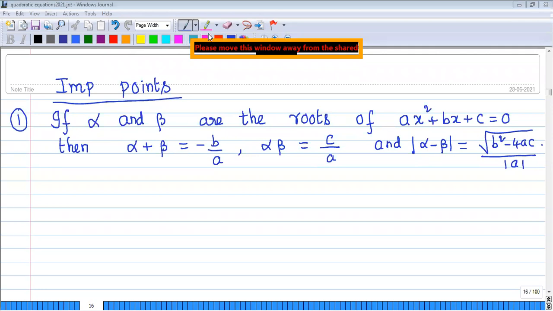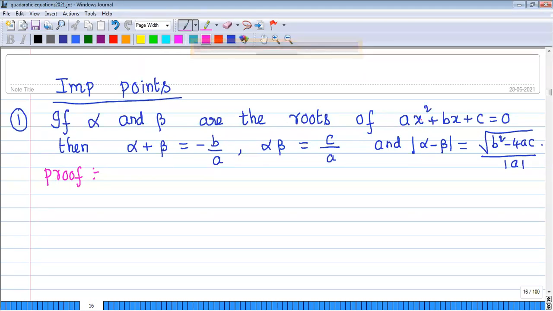Now let us prove all these things. Proof. We know the roots of the quadratic equation are given by the quadratic formula.